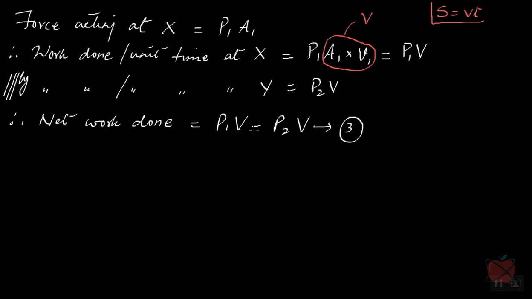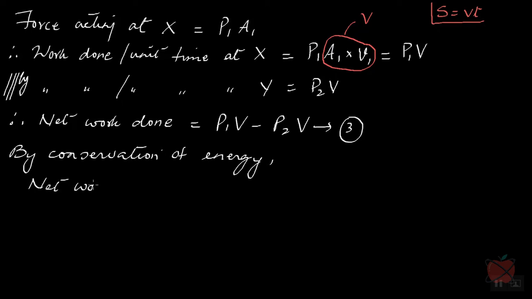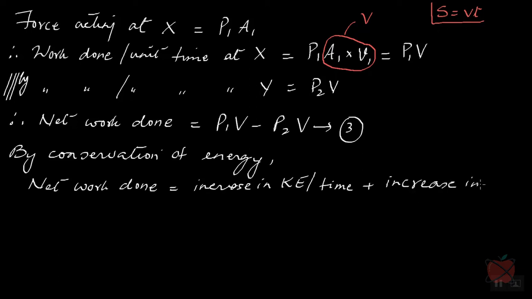All right. Now, didn't we say that this Bernoulli's theorem is a consequence of the conservation of energy? So by conservation of energy, net work done is equal to increase in KE per unit time plus increase in PE per unit time.